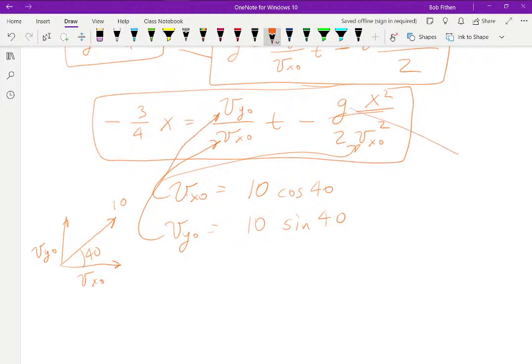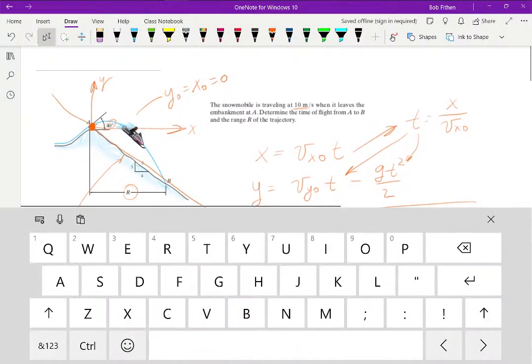And put in, this is meters per second, right? Yep, meters per second.